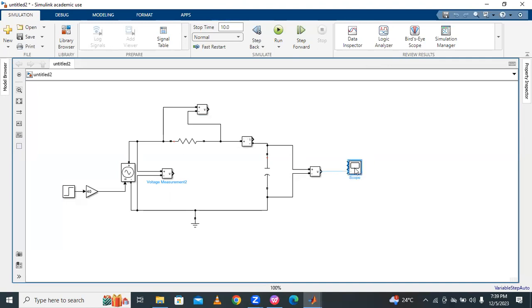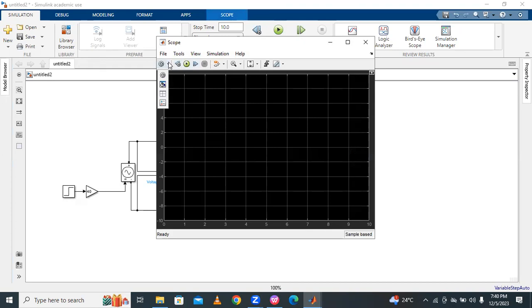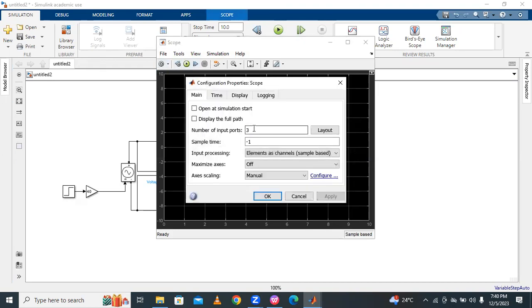The first port is input, the second one is the voltage across the resistor, then the third one is the voltage across the capacitor, and one more port is required. That's why change it to four ports.